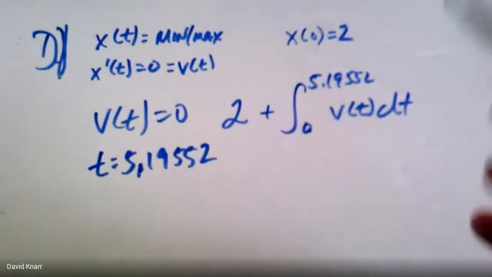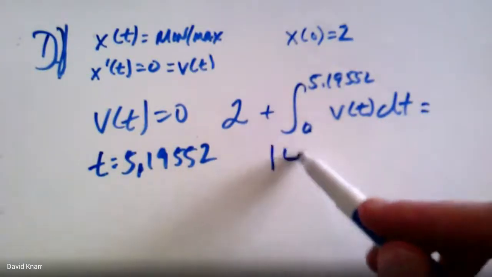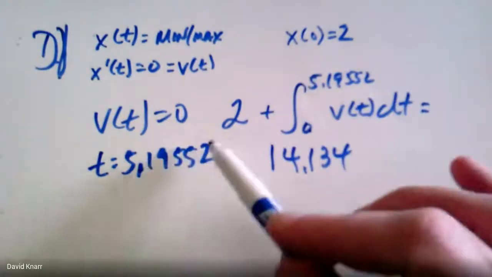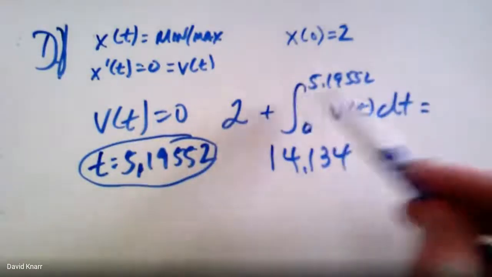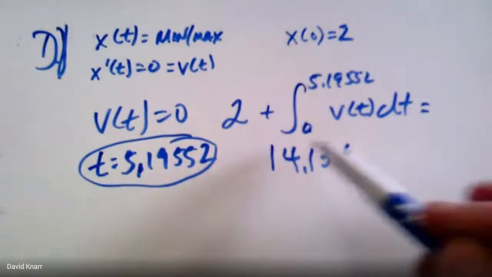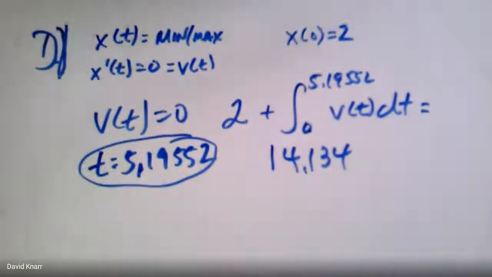If you do that, you'll come out with 14.134. Again, you have to use this whole decimal in the integral until you reach the final answer. The final answer comes out to be 14.134. Then you can round it to 3 places after the decimal.